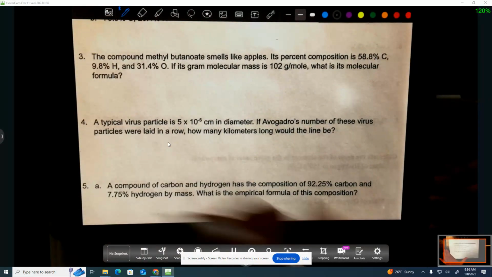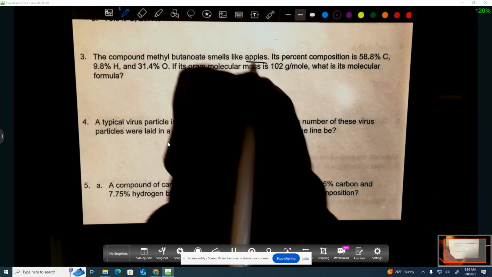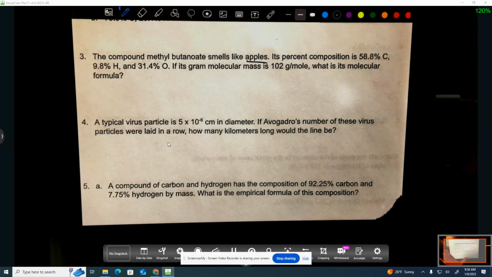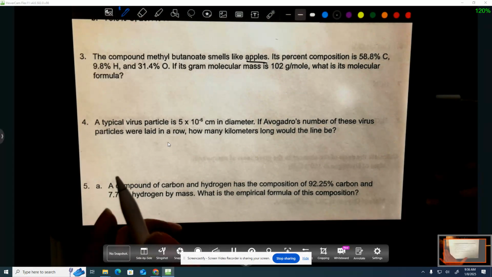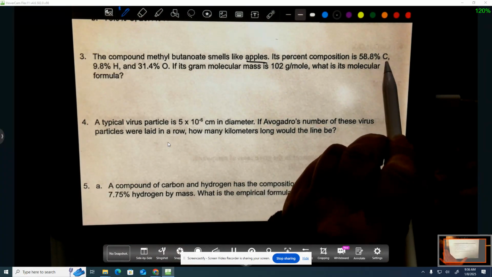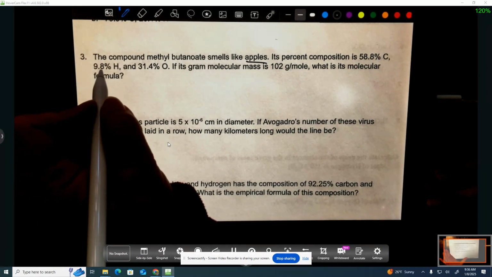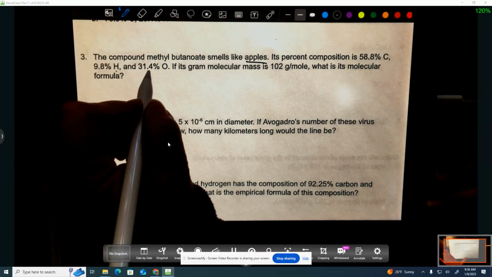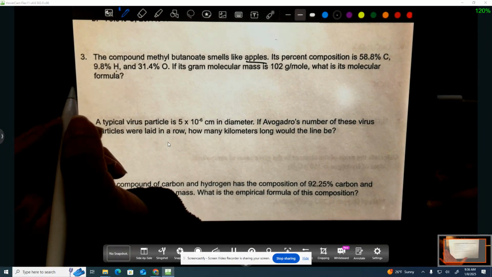Okay. Number 3. I think I have it on the next page. Yeah, there we go. We got apples. Something that smells like apples. It's right here. Yep. We're on number 3 on that side, the side you're looking at. Its percent composition is 58.8% carbon, 9.8% hydrogen, and 31.4% oxygen.